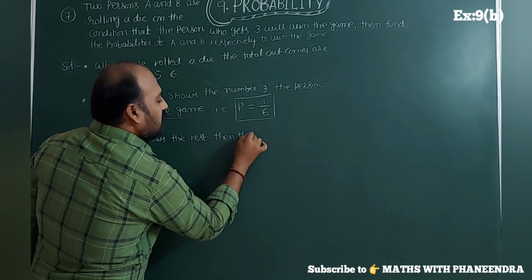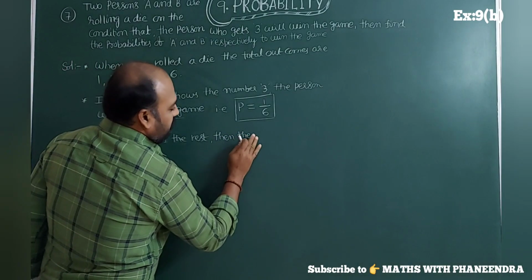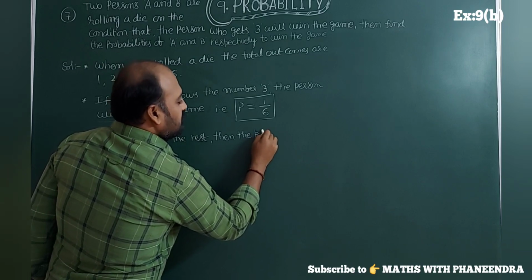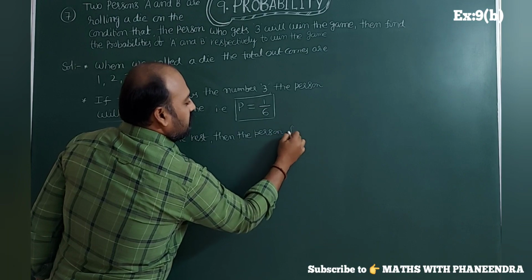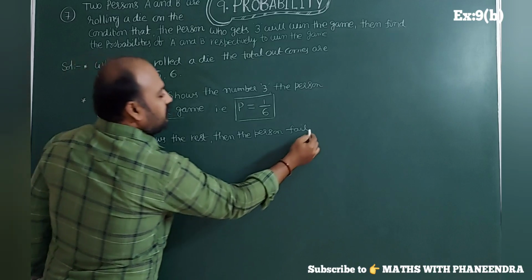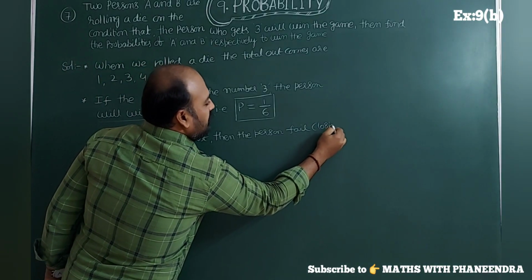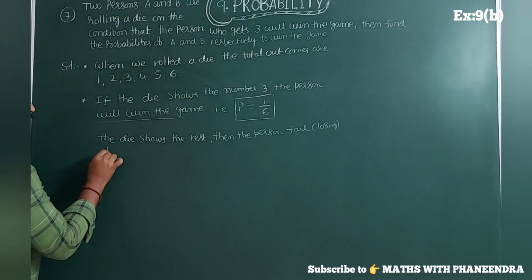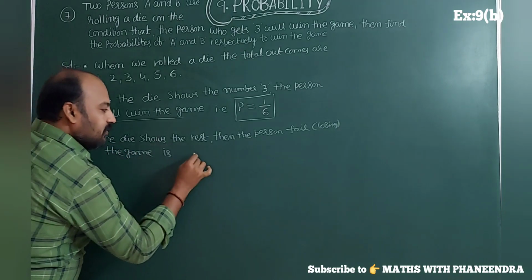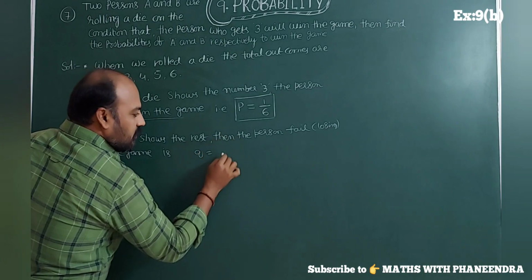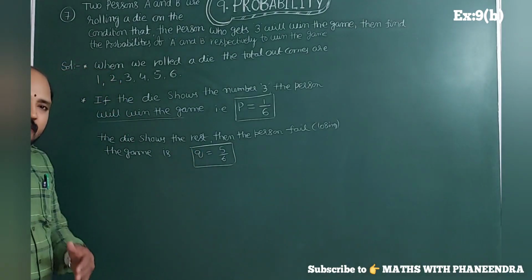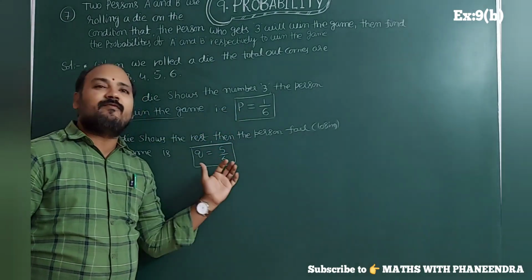Then the person fails or loses the game, and the probability is Q equal to 5 by 6. So when the person wins the game, 1 by 6, loses the game, 5 by 6.